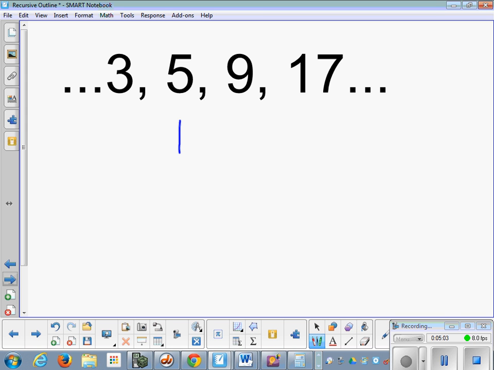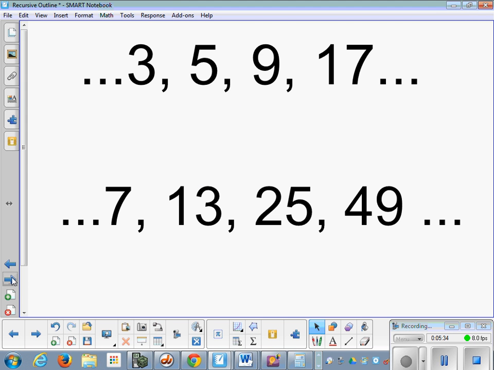Let's say I start here. If I multiply by 2, I'm just 1 away from that, right? I can get to the next term by multiplying by 2 and subtracting 1. Is that going to work over here as well? I think so. If I multiply by 2 and subtract 1, I get the next term. Challenging pattern.